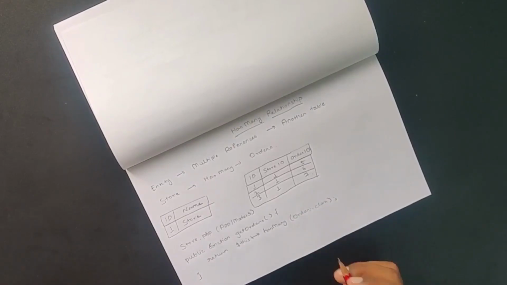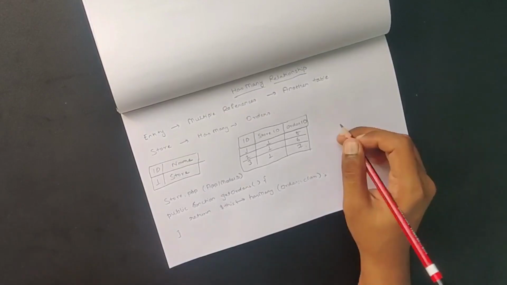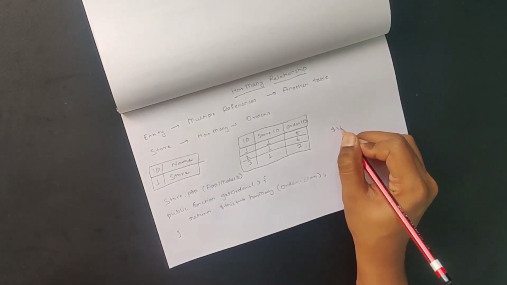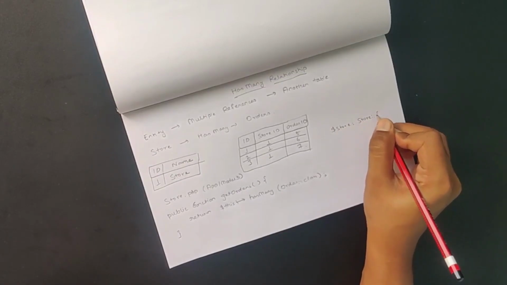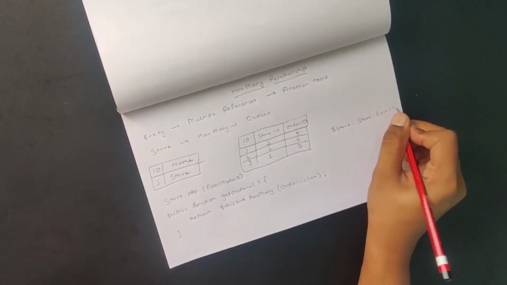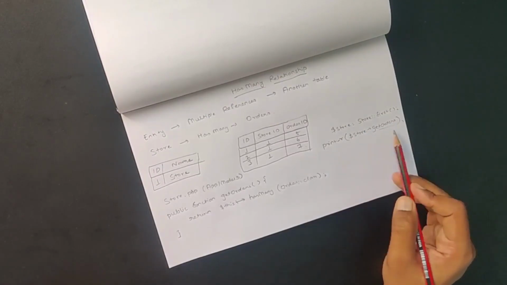Now this is how we can define the function in the store PHP model, and in our controller PHP we can do something like this, where we can say store equals Store first, and then we can say print_r store arrow getOrders.